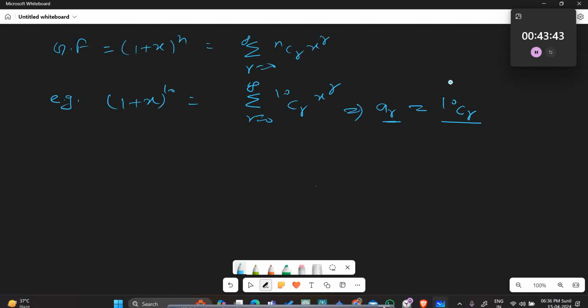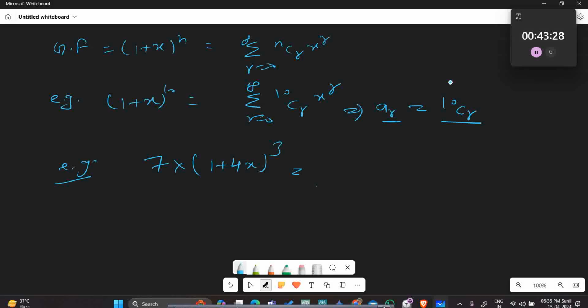All right. For example, let's say 7 into (1 plus 4x) to the power 3. What is this?